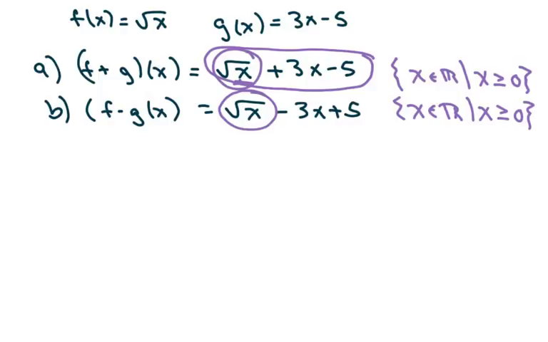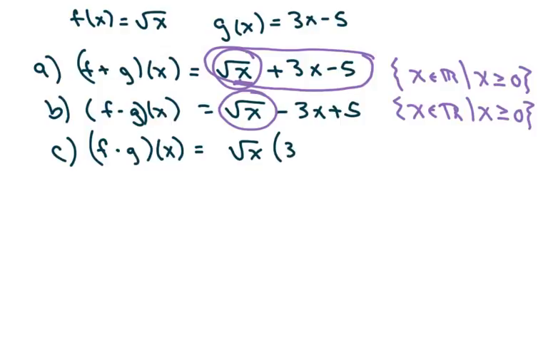Now when you multiply, you're going to get f times g of x, and that's going to be square root of x times 3x minus 5. And you just leave it like that. And it's going to be the same as this here. It's all real numbers. But because of this piece here, all your x's have to be greater than or equal to 0.